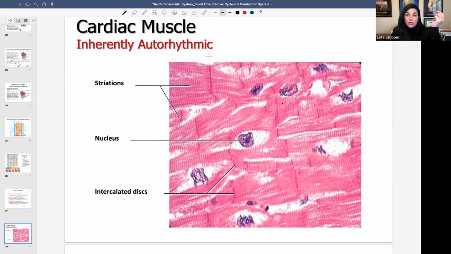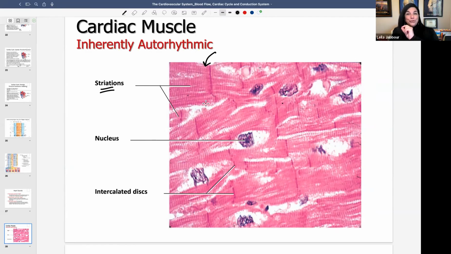Cardiac muscle cells are striated. You can see that very nicely here with striations. Just like skeletal muscle cells were. Smooth muscle cells were not striated. Striations really only reflect the fact that the contractile proteins are very organized in these two types of cells, skeletal and cardiac.